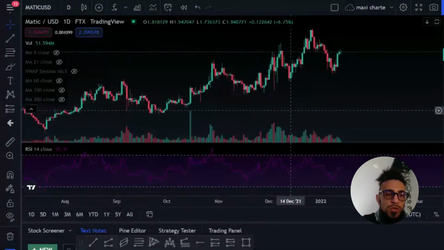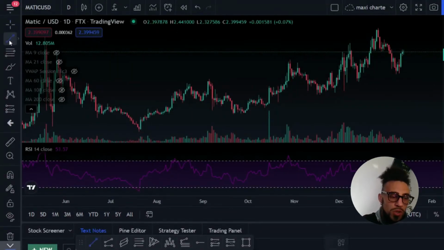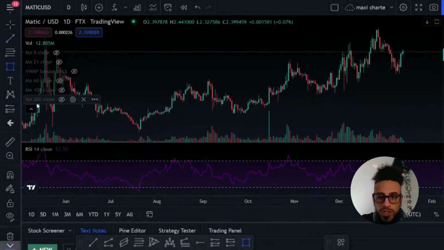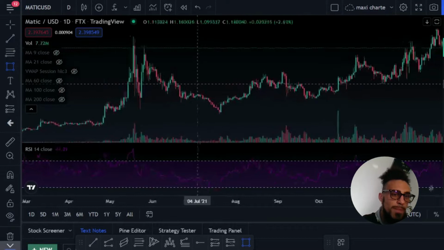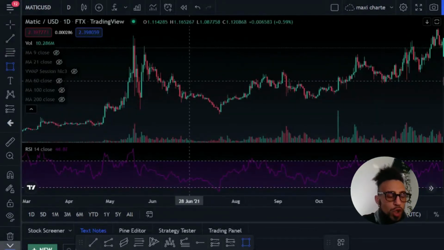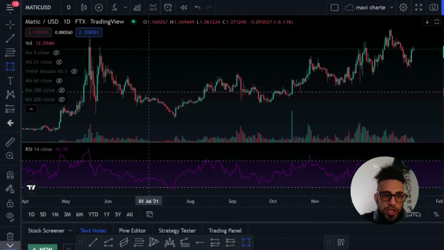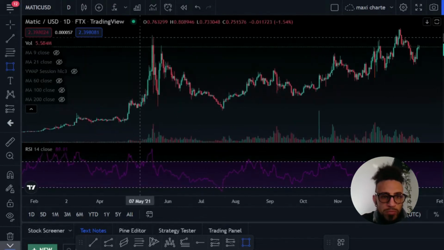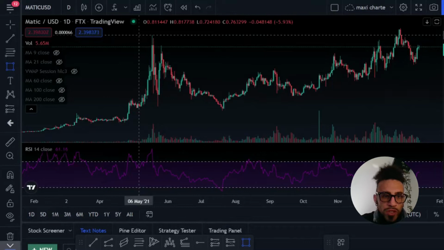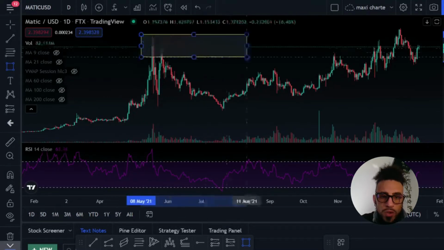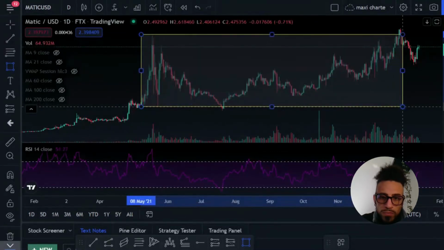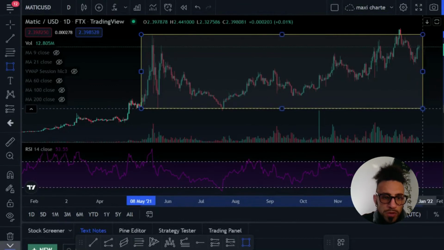So, to illustrate what I just told you guys, let's draw up some little squares on this chart here. So we're going to grab the MATIC USD pair. Let's determine the range here. For example, we're going to be going very wide. So this could be considered a range.